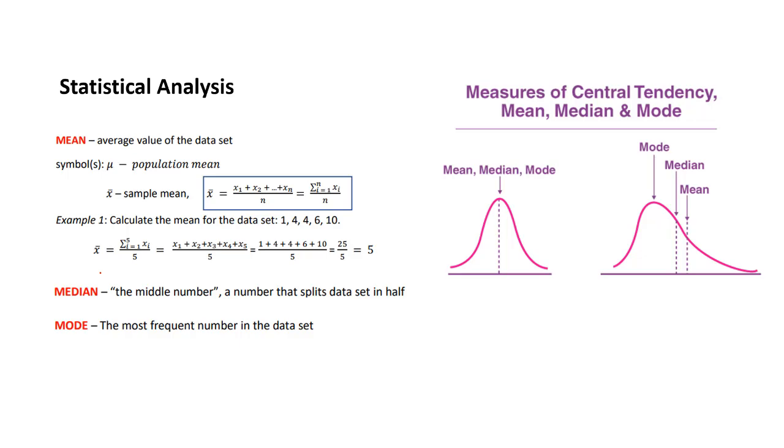So we check the mean of the total readings, and then we check the median, the middle number of the set, and then we check the mode, the number which is frequently repeated. That will give us a better idea of how accurately the data is coming. So we need to take multiple readings basically.